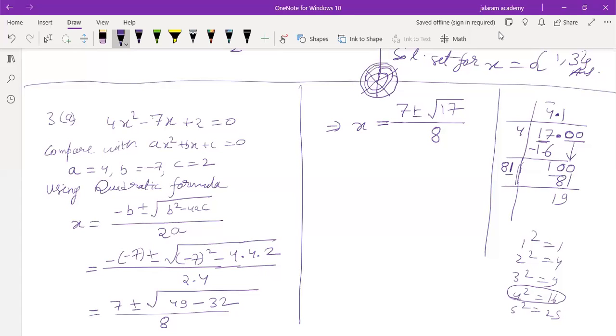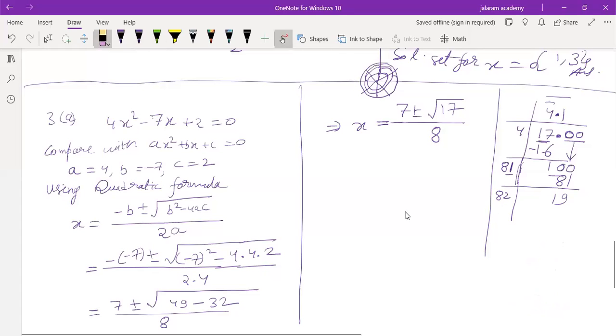Then again we take the one, which is 82. We have already subtracted to get 19. Now what will you subtract? Sir, we will put 8 and 2, 82 is there. Now we will take a pair after this, again the pair of zeros, 1900.